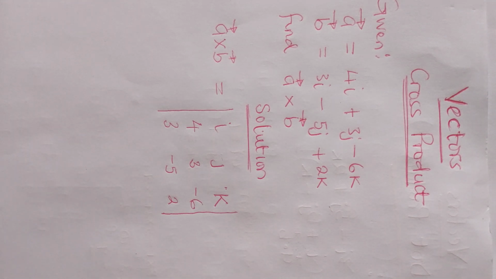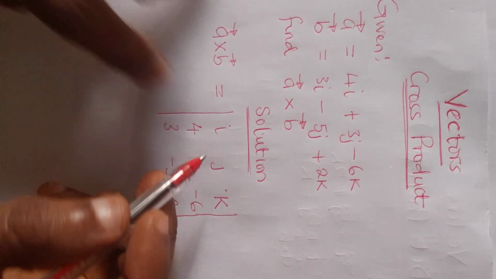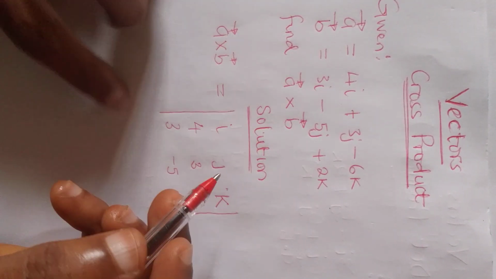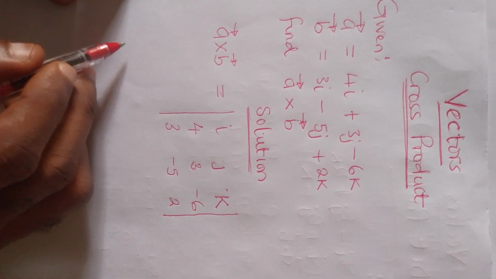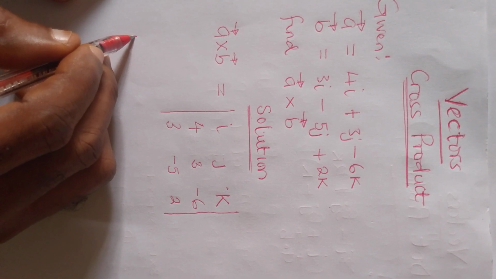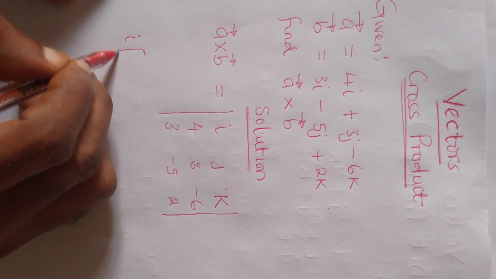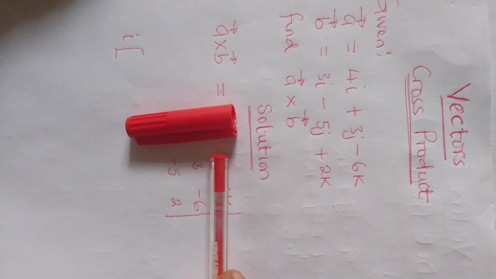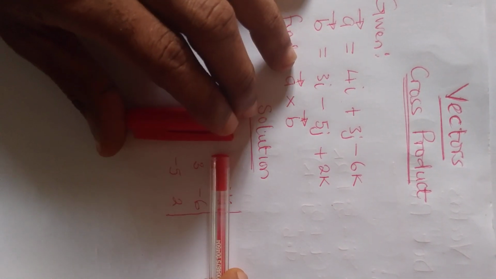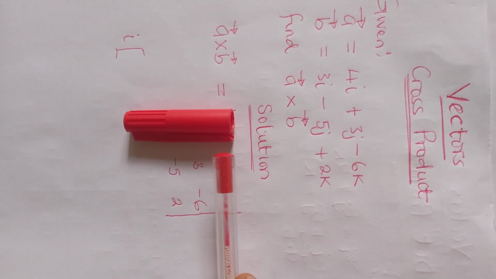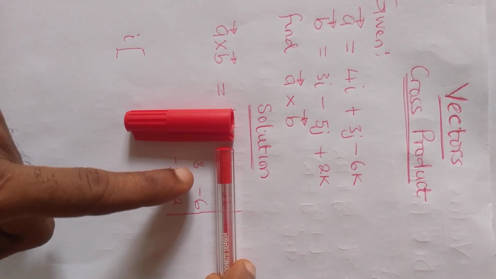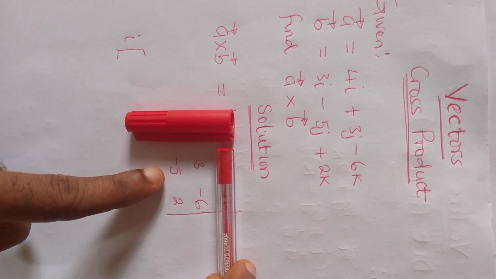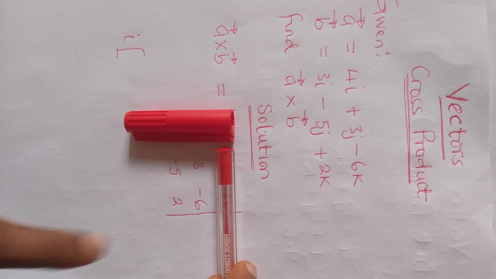If we are considering i, so we just have i here. If you are looking at i, you close everything this way. It means all that will be left will be 3, minus 5, minus 6, 2.